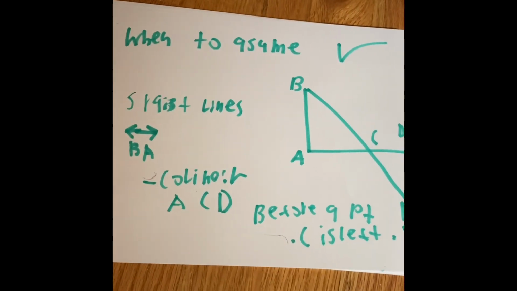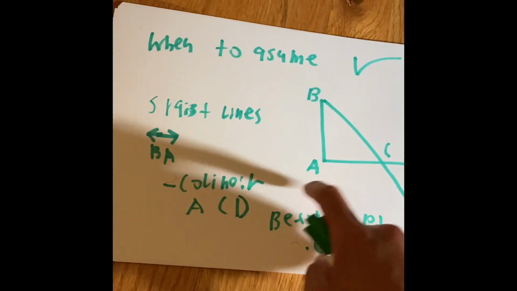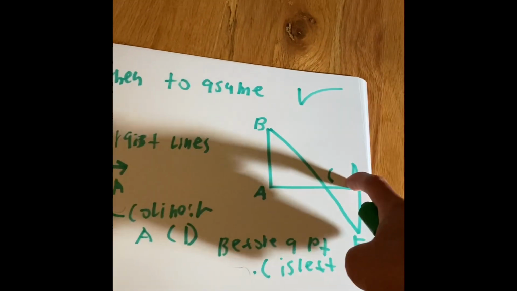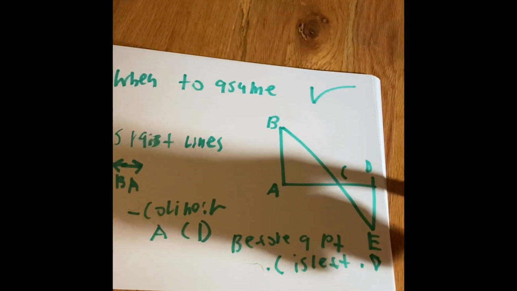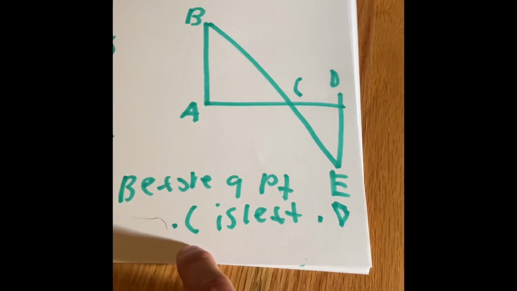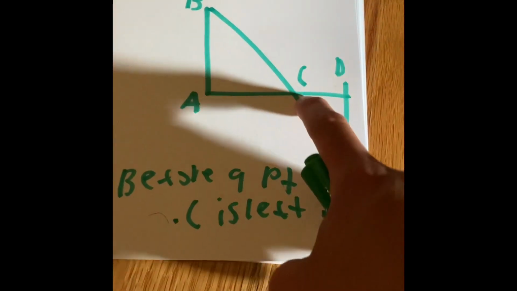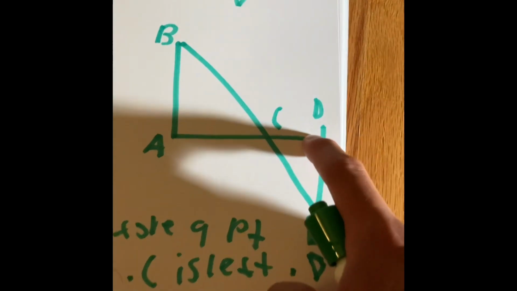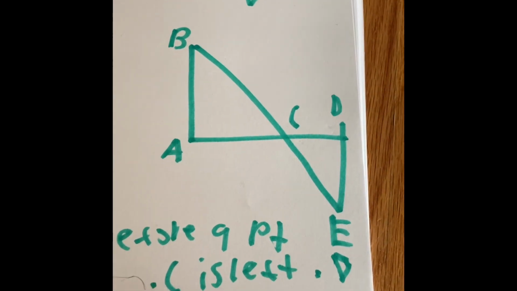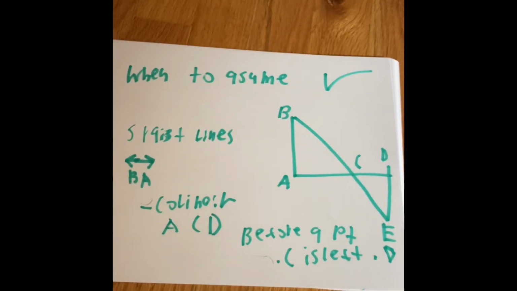B and A is a straight line. If something is collinear or non-collinear, A, C, and D is collinear with each other. And for a point being left or right, C is left of D. If you can visualize it and understand it, then it probably means that you can assume it.